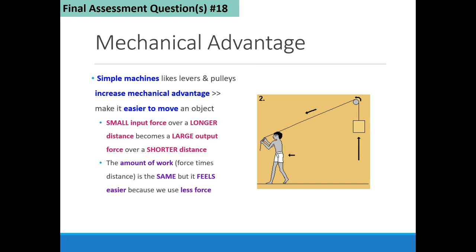All right, so going down to question number 18, remember a lot of these questions we already answered in class. This is just going over the easier questions. So remember that we talked about mechanical advantage, which is how easy it is to move an object. So when we talk about simple machines like levers and pulleys, what they do is they actually increase mechanical advantage to make it easier to move an object.